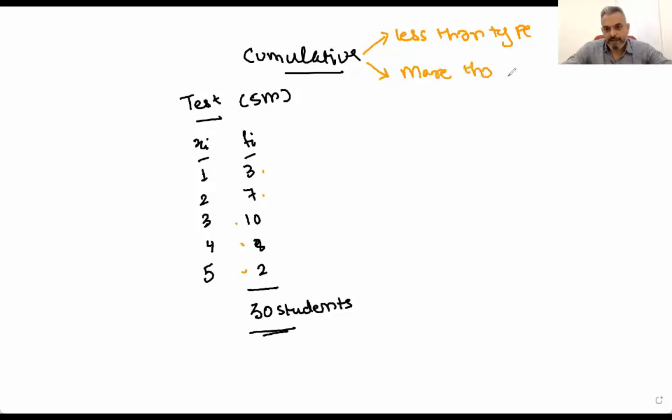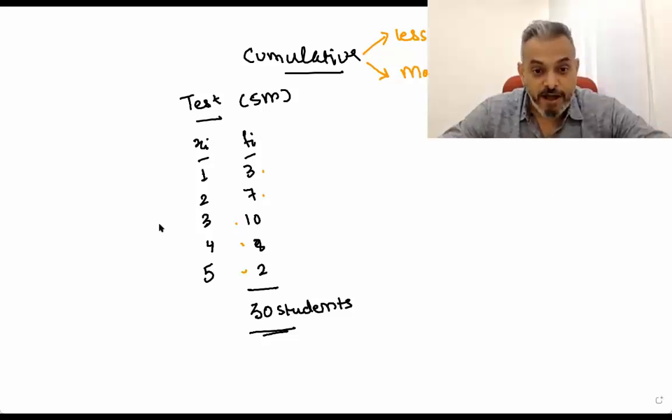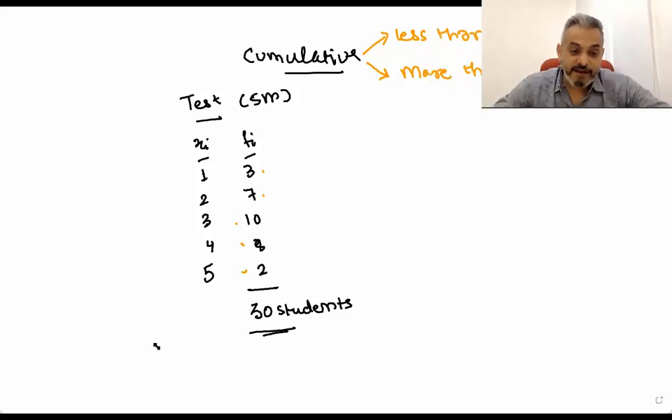In less than, I want to find the data like less than or equal to 1 mark, how many students, less than equal to 3 marks, how many students, less than equal to 4 marks, less than equal to 5 marks, how many students. So first category is a less than type cumulative frequency.